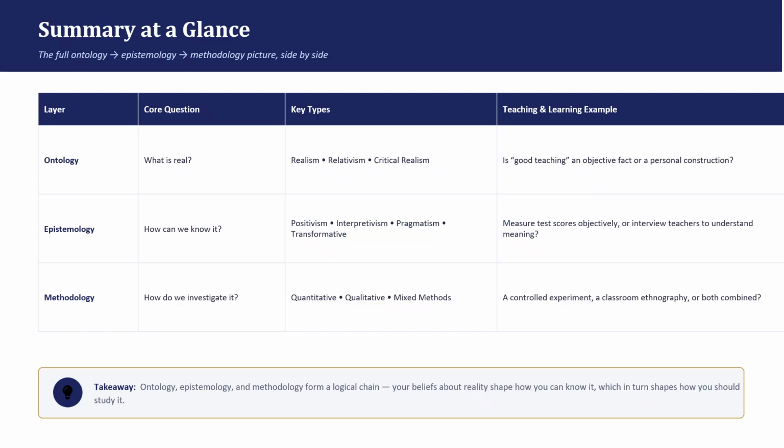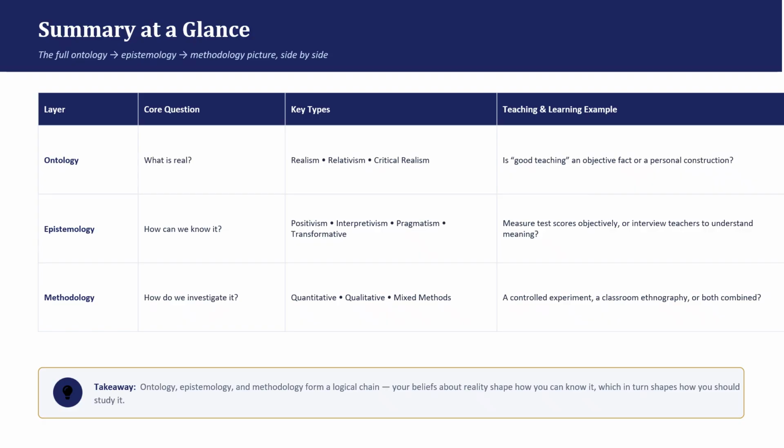Okay, this is the summary of our discussion. Look at this one. Here we have the layer, the core question, the key types, and teaching and learning examples. I think that when you go through it, you can summarize everything that we have discussed, and you will get a very good understanding of research philosophy. In the layer, there are three areas that we focused on under research philosophy: ontology, epistemology, and methodology.